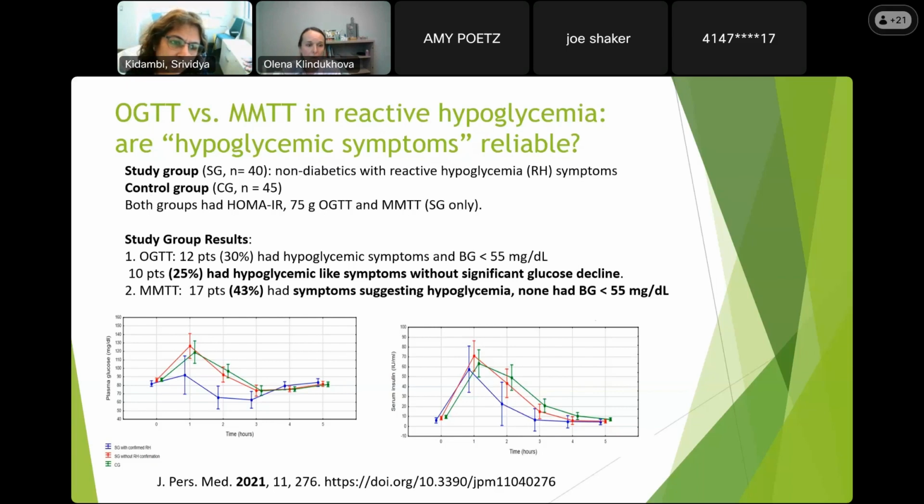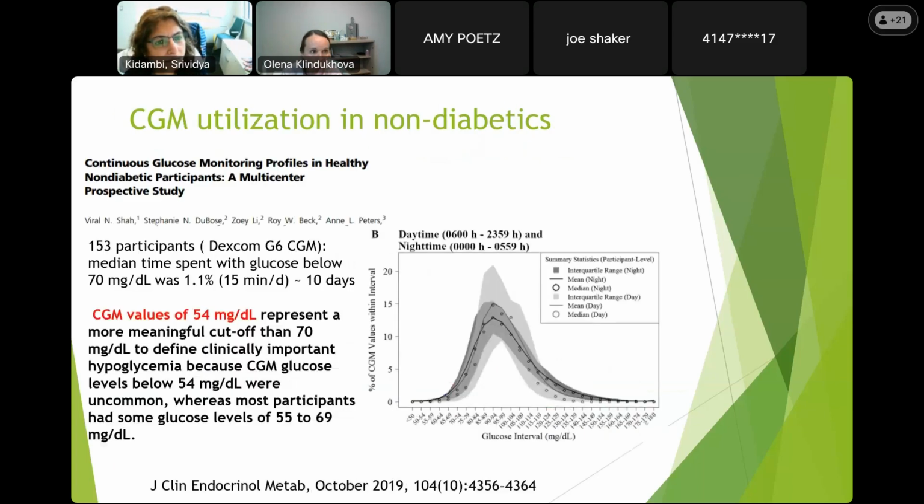Again, with the mixed meal test, 43% of patients thought that they were hypoglycemic, but none of them had blood glucose below 55, okay? So that was a very nice study, changing our paradigm and classic approach of hypoglycemia with symptoms versus hypoglycemia without symptoms.